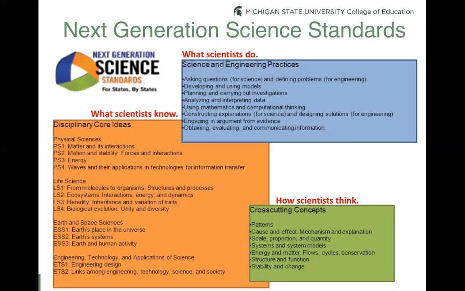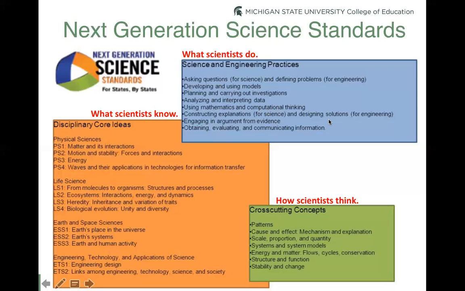Instead, we're focusing only on the things that students absolutely need to know to better understand natural phenomena and the world around them. And so we don't have to have students recreate 300 or 400 or 500 years of scientific inquiry. We just have to have them know a few key fundamental ideas about the natural world to help them make sense of that.